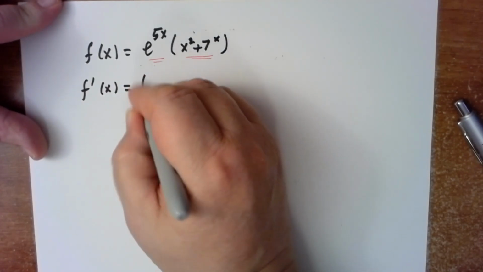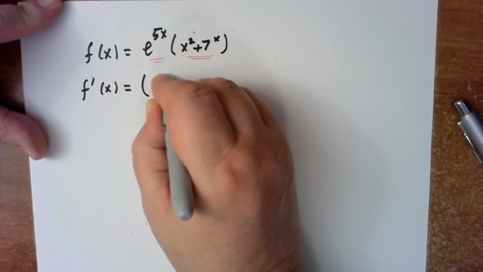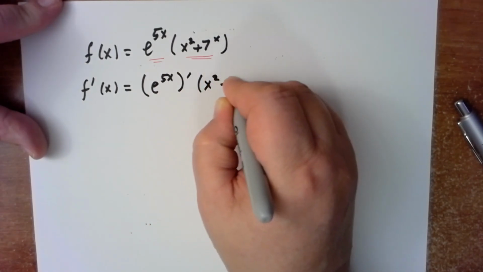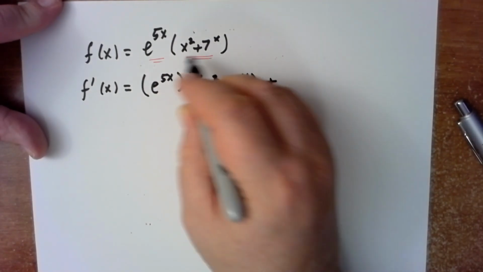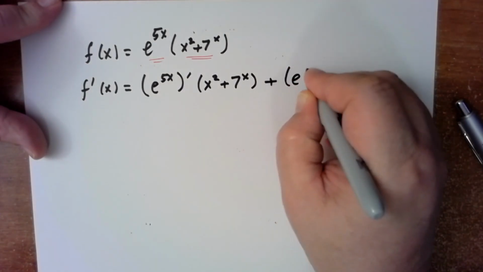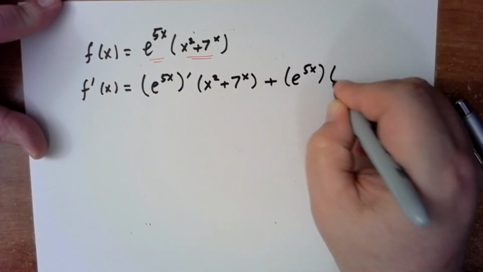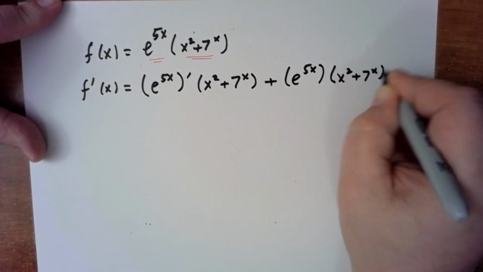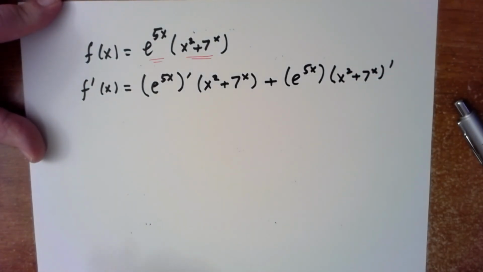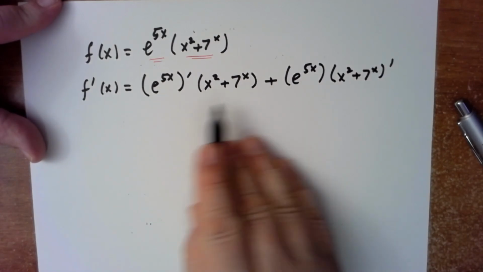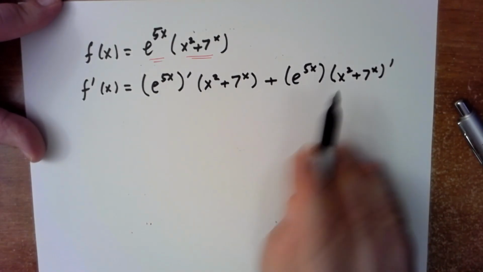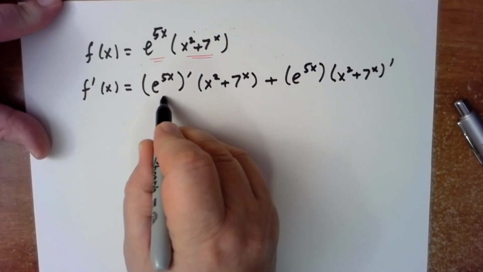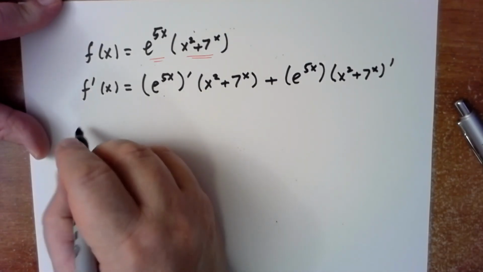And so we'll take the derivative of the first function times the second plus the first function times the derivative of the second. I'll go ahead and just write it with prime notation first. Okay, so I haven't actually differentiated anything yet, right? I just applied the product rule. But now we will actually compute these derivatives, so we could even compute them off to the side.